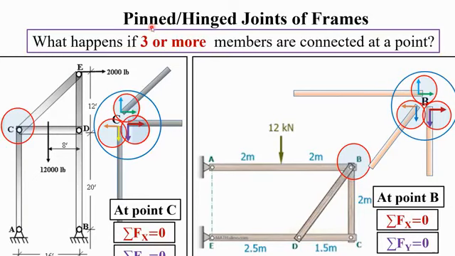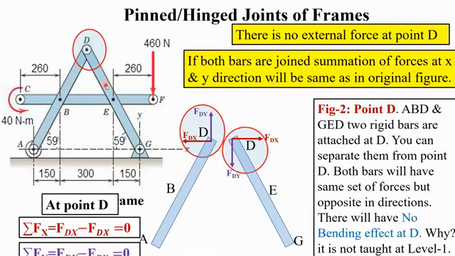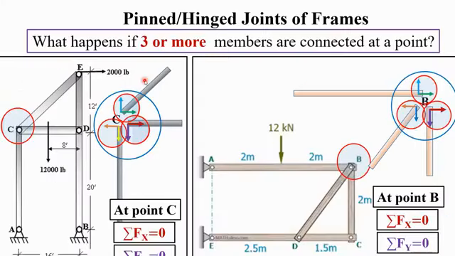Now come to the pin or hinge: what happens if three or more members are connected? So far we have shown always two members connected.